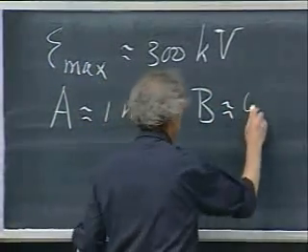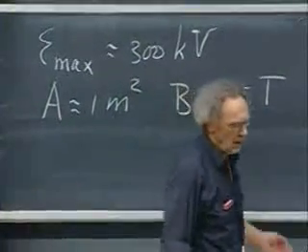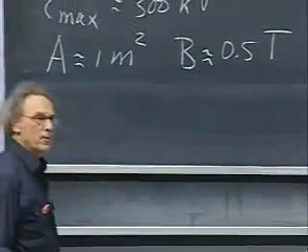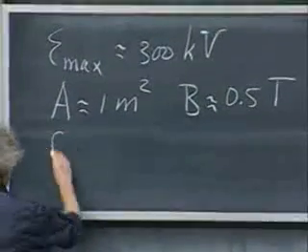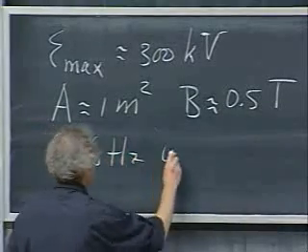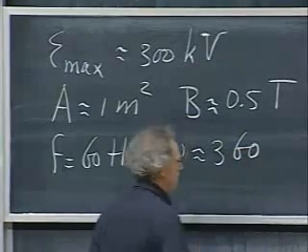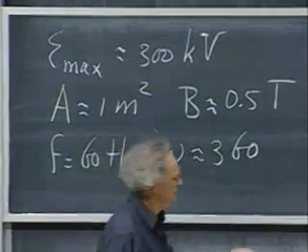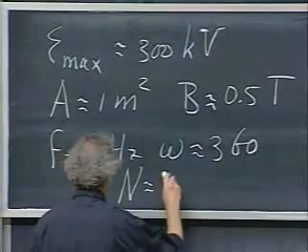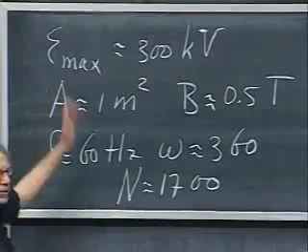It's by no means unreasonable numbers. And if now you want 60 Hertz frequency, so your frequency f is 60 Hertz, so your omega is 2 pi f, it's about 360 radians per second. If now you have about 1700 windings, and you can check that at home, then you get your 300 kilovolts.